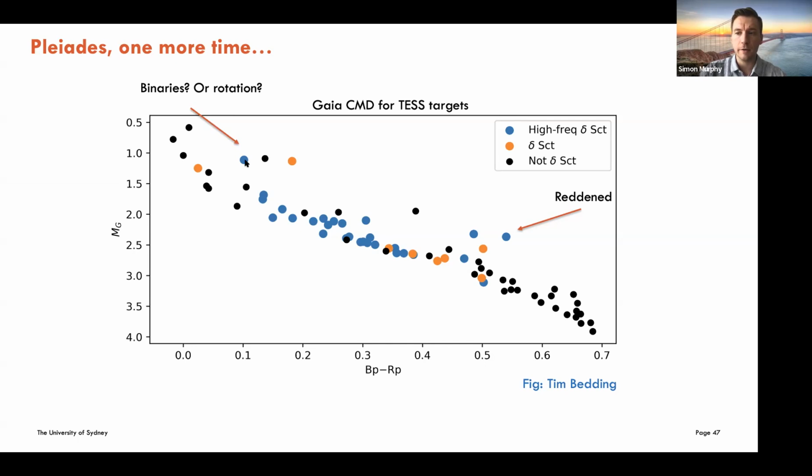So these could be binaries, which give them a higher luminosity if they are interpreted as a single star. Or maybe this is a rotator seen pole-on, which has pushed its brightness up. So we've got heaps more work to do with these stars. I'm confident we're going to get some very tight constraints on the cluster age in the end, and that will also necessarily include rotating models.